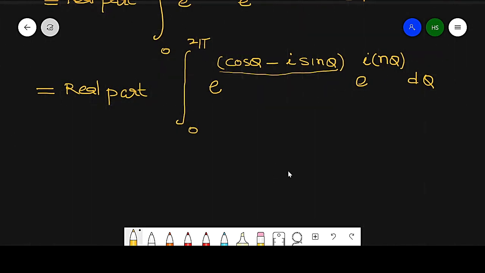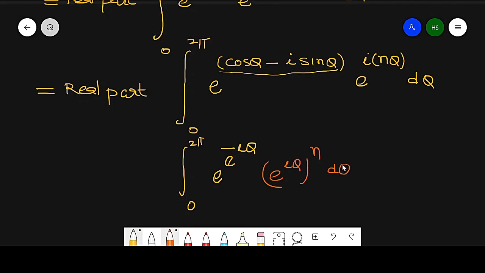In the cis form, it is 0 to 2 pi e raised to power minus iota theta, because it is cos theta minus iota sine theta. So this can be written in this form, and this is e raised to power iota theta raised to power n, into d theta.